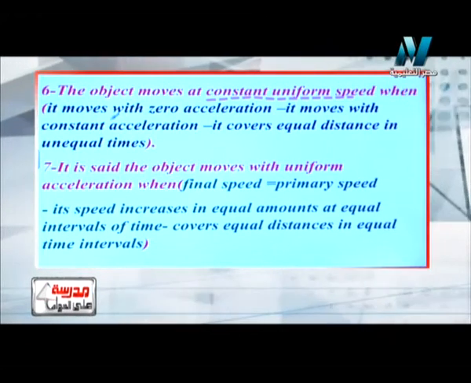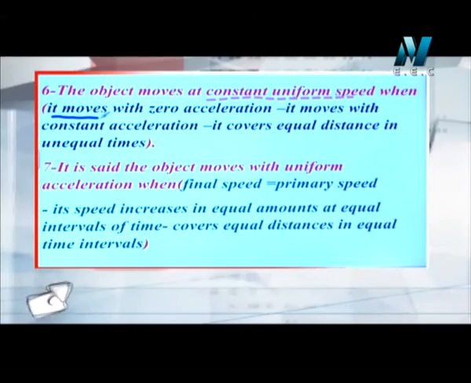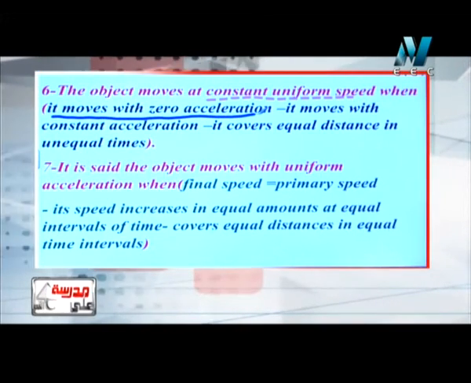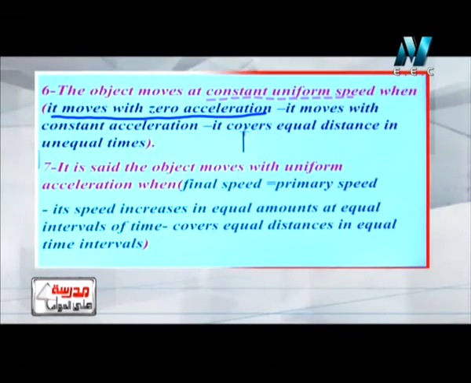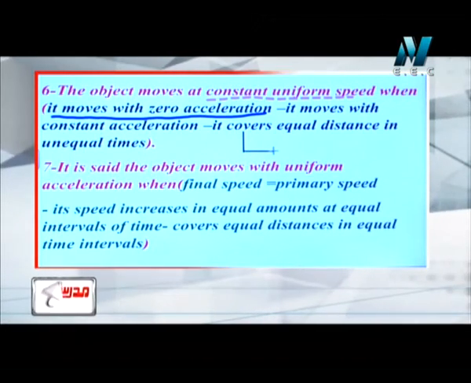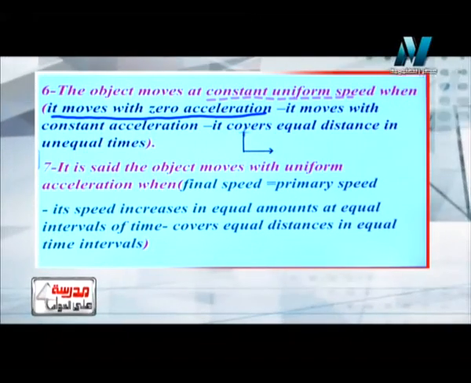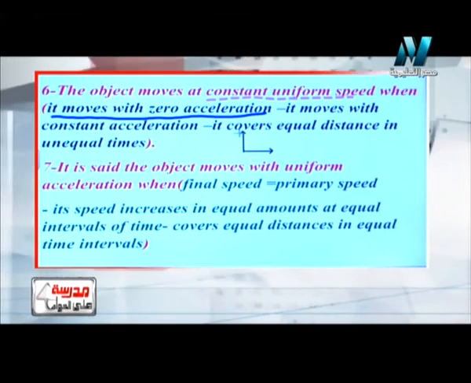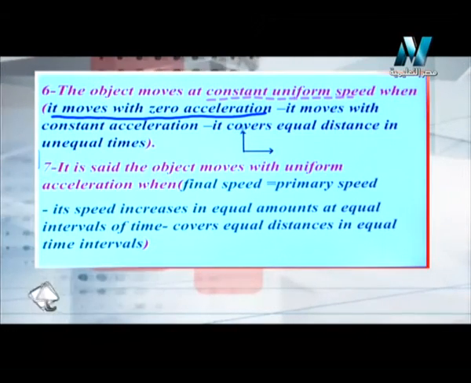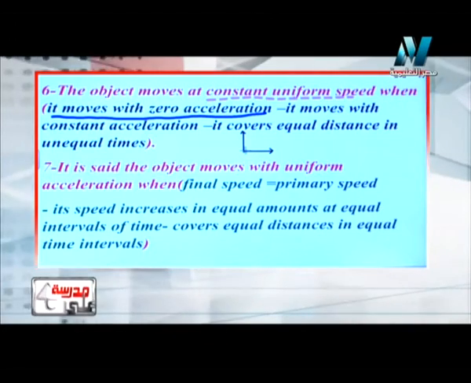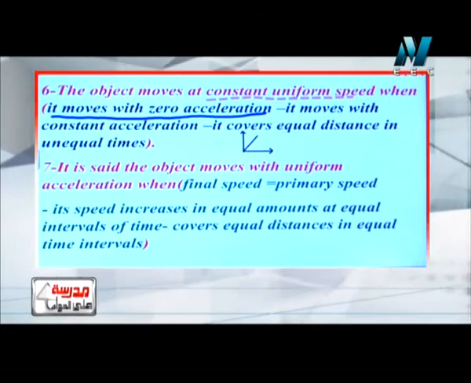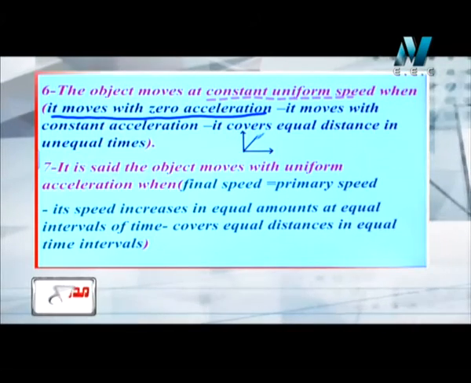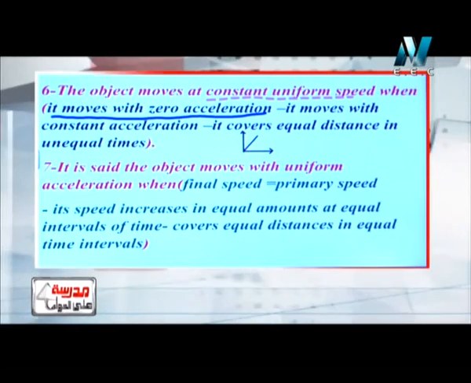So we have to write: it moves with 0 acceleration, because we have a small graph like that. We have two axes, speed and time. One of them represents speed and the other represents the time. If we have an increasing line, that is increasing acceleration.